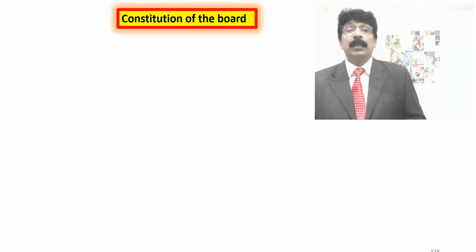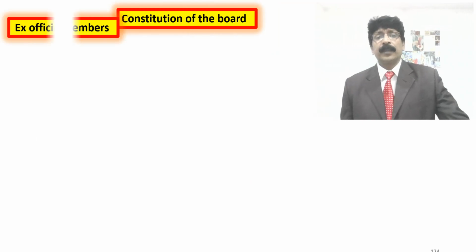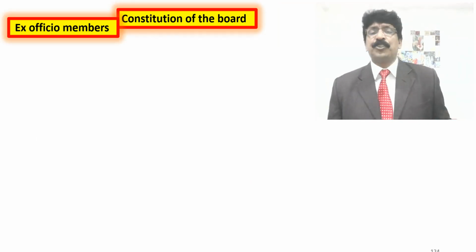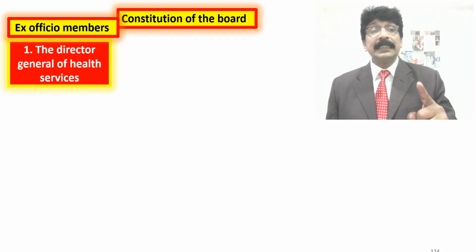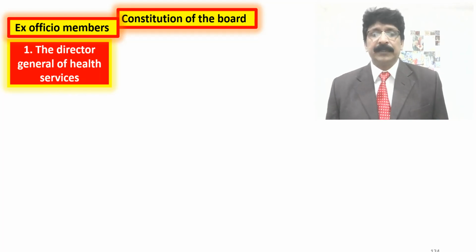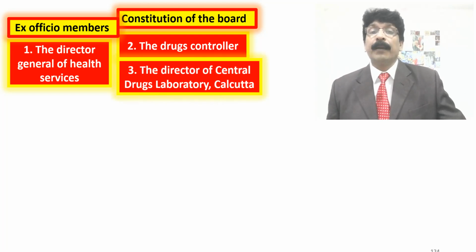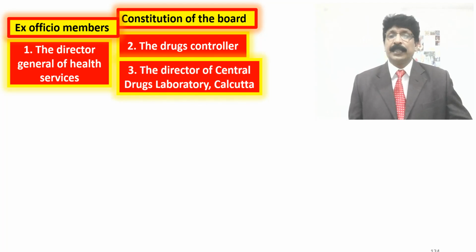We are going to see the constitution of the board, in which the ex officio members are: number 1, the Director General of Health Services; number 2, the Drug Controller of India; and the Director, Central Drugs Laboratory, Calcutta.